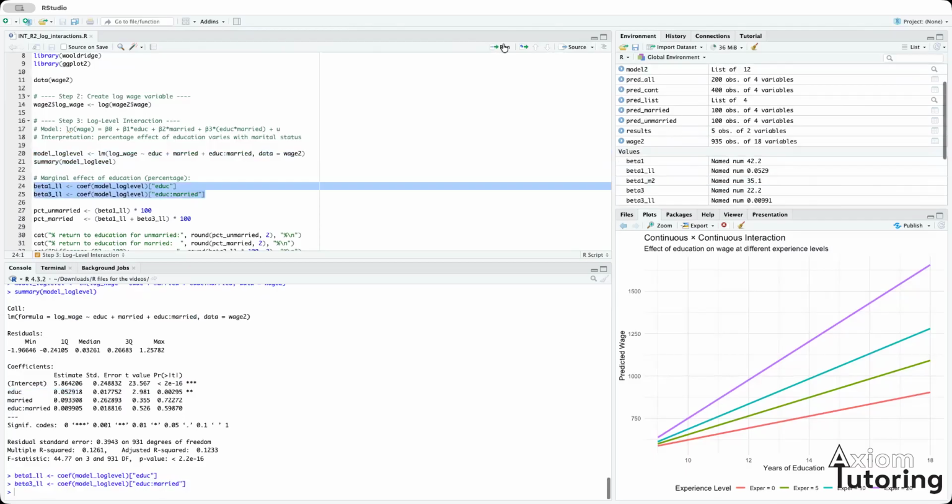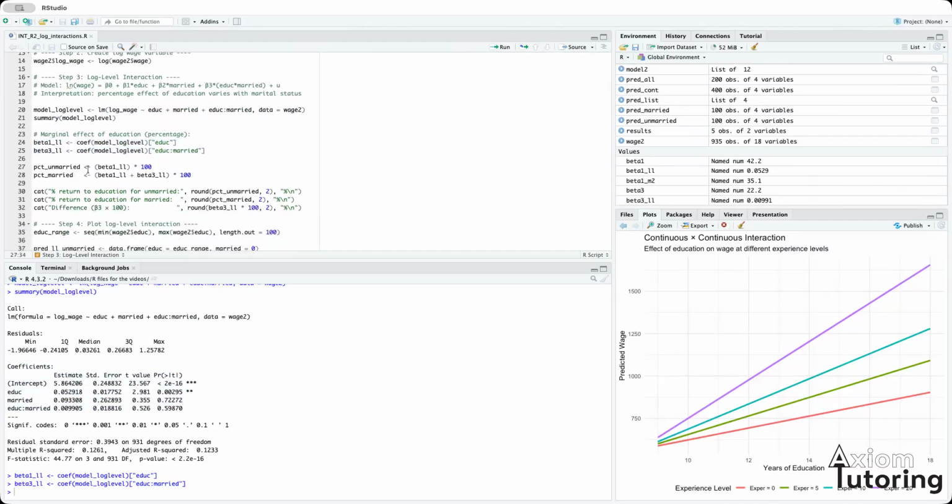So we're going to save these numbers based on the regression that was just run in here. And because, again, we're looking at a percentage effect, we need to multiply by 100.